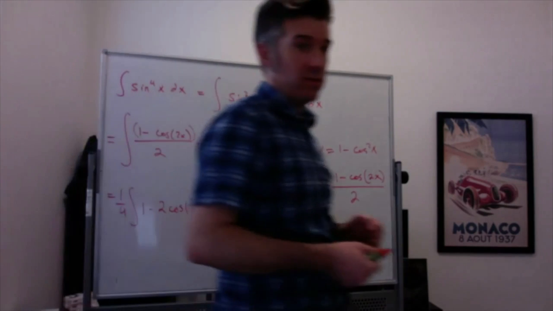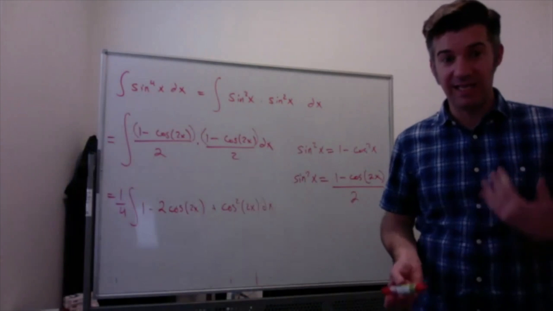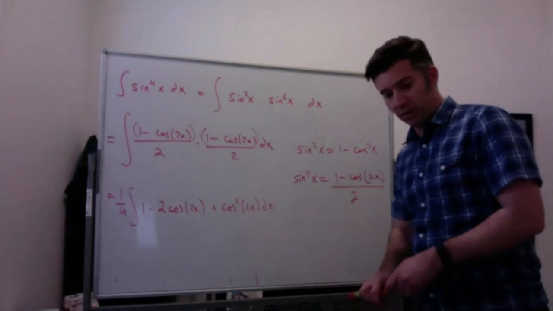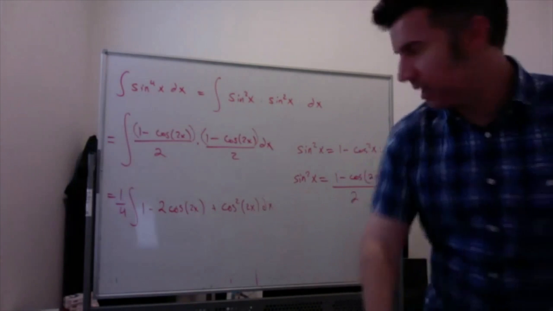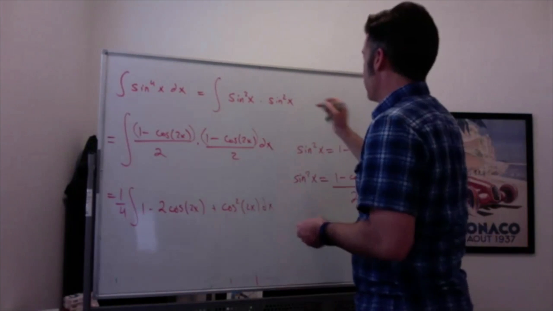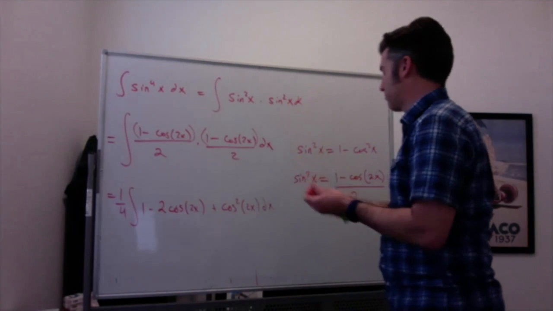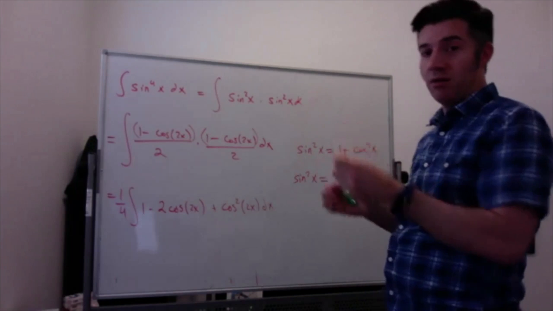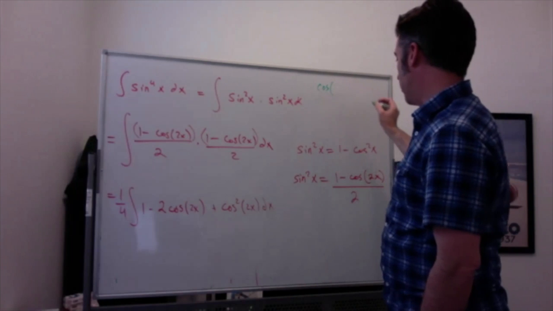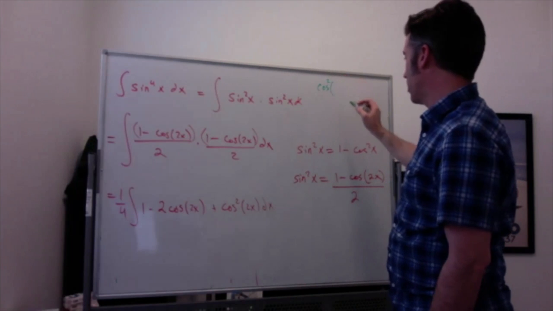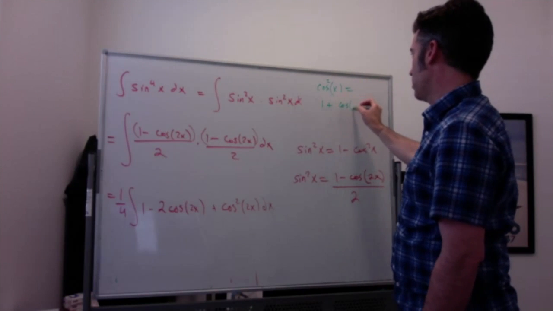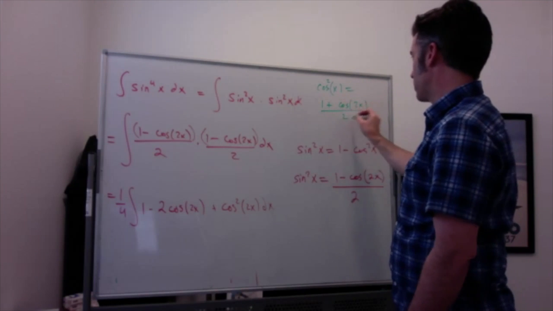And now we have to use the identity again, except instead of for sine squared, it's for cosine squared. So we're going to use the identity, and I'm going to be extra careful about this. Let me give us a little more room. So we know that cosine squared of x is (1 plus cosine of 2x) over 2.